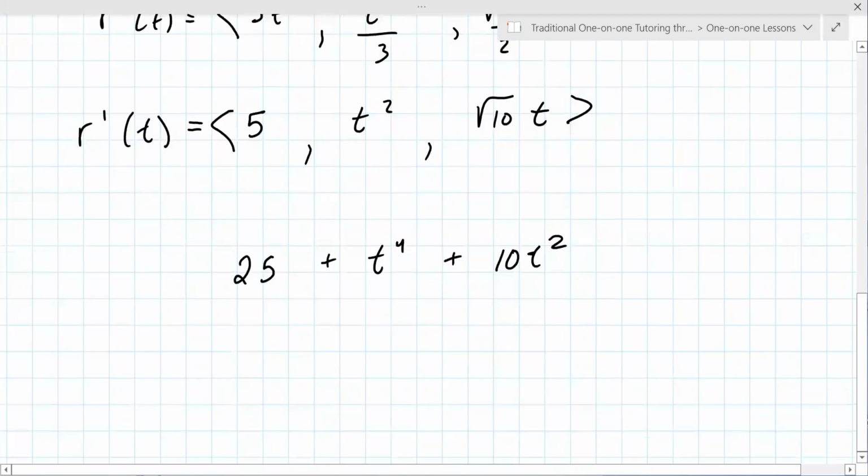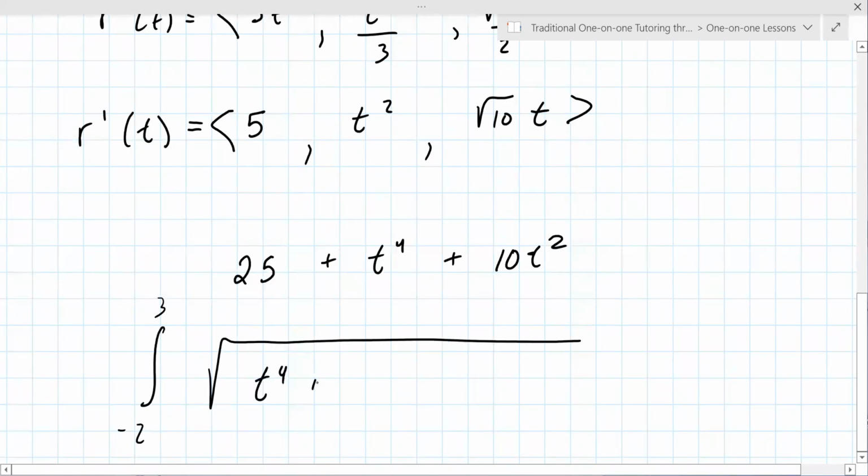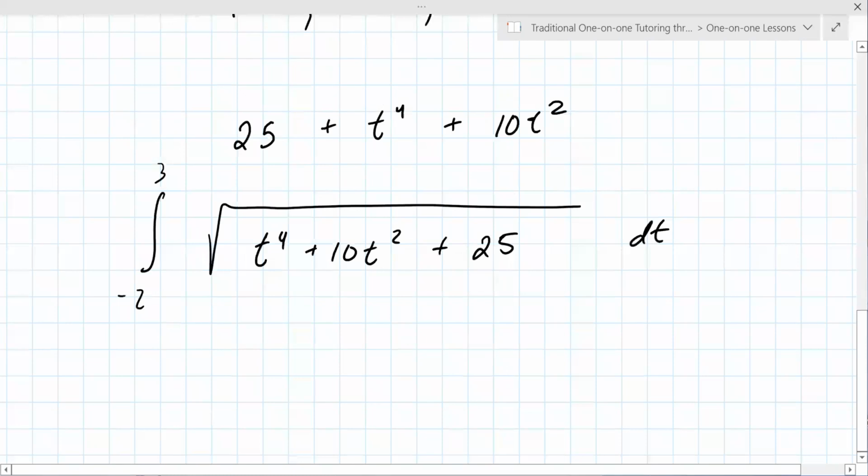So this one is the integral from -2 to 3 of the square root of this stuff, and it ends up being a perfect square trinomial. Shocking that it actually worked out that nicely. So this becomes t squared plus 5 squared, and that's a perfect square trinomial.